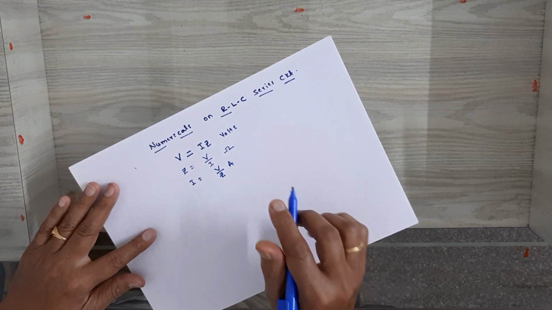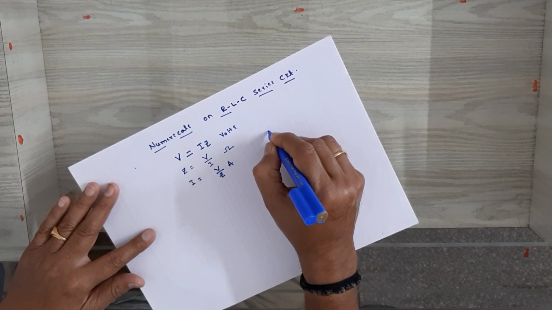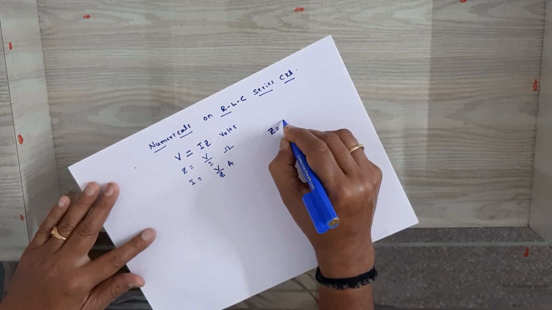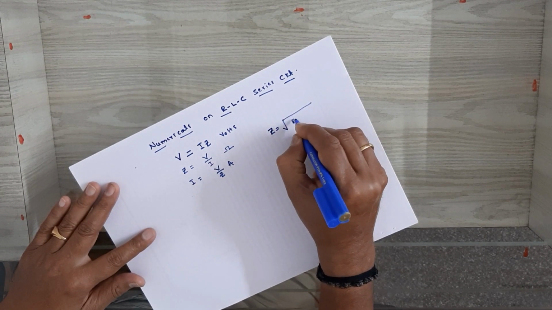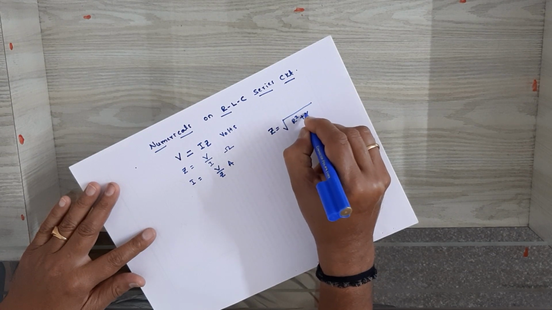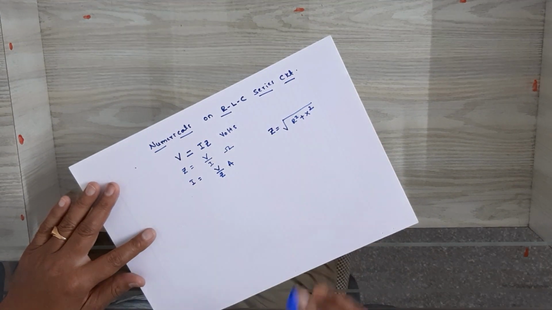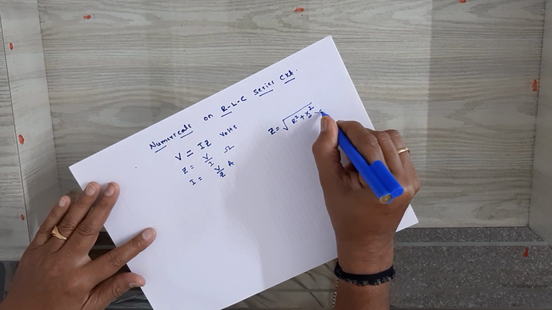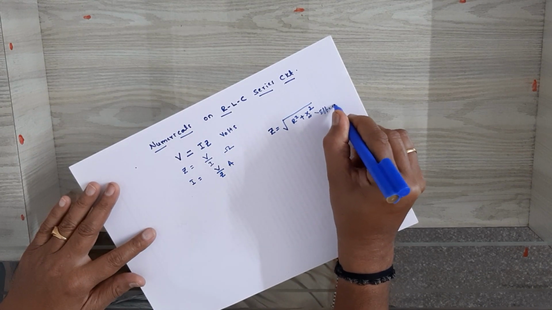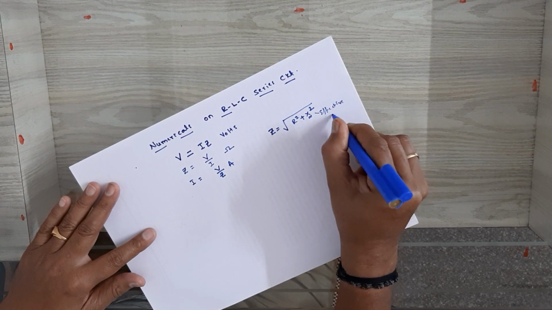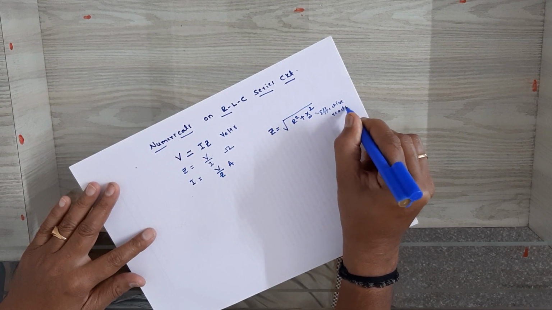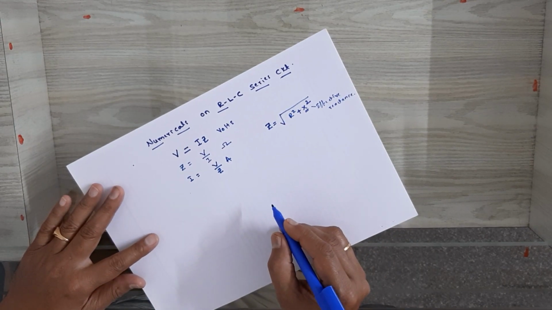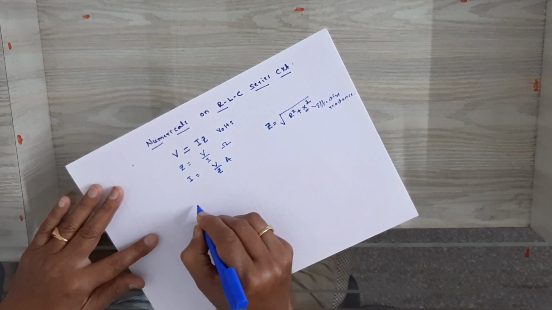Also we know the impedance Z is given by the square root of R square plus X square. I will write here X square because it is the effective reactance.